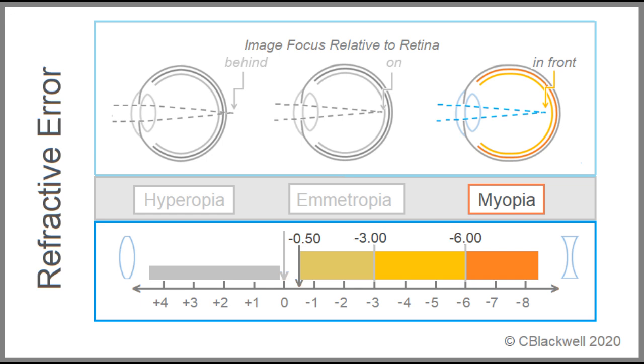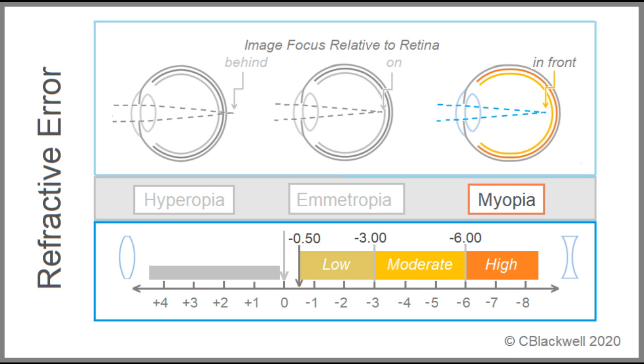Regarding myopia, some studies specify that myopia formally starts at a spherical equivalent of minus 0.50, while others choose minus 0.75. Most studies categorize minus 0.50 to minus 3 as mild myopia, minus 3 to minus 6 as moderate myopia, and greater than minus 6 as high myopia.